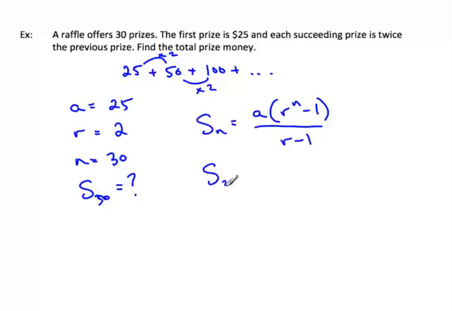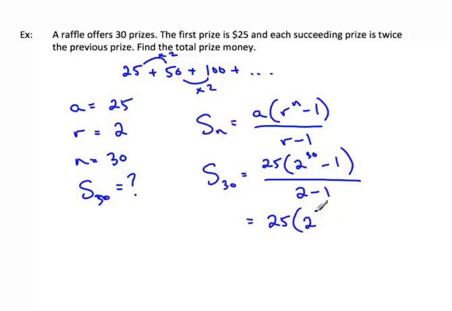If we plug in 30 for n, 25 for a, and 2 for r, we get 25 times 2 to the 30 minus 1 over 2 minus 1. That's just 25 divided by 1. So we get 25 times 2 to the 30 minus 1. You're going to need a calculator to work that out because it's a very big number.